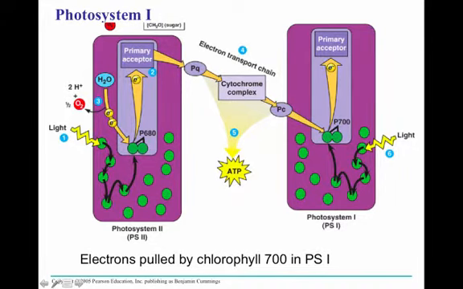Because the electrons have been lost from this center as a result of light energy coming in, bouncing from one chlorophyll molecule to the next, as we saw in the other photosystem, and causing electrons to be lost because they're just so energized, they physically leave the chlorophyll molecules.